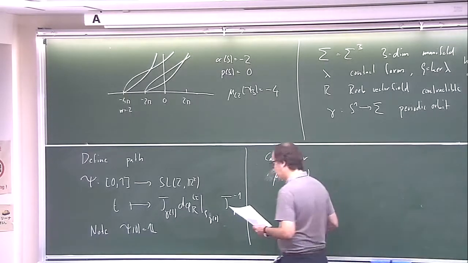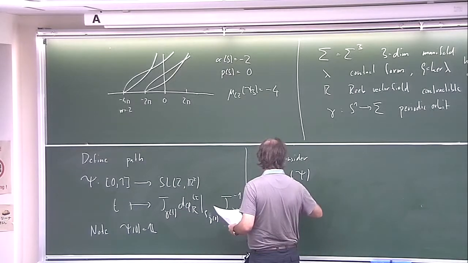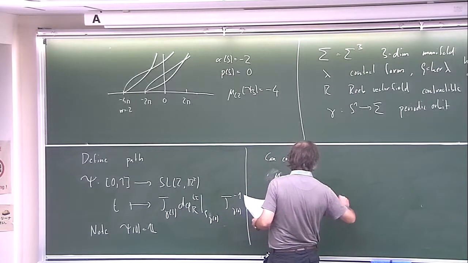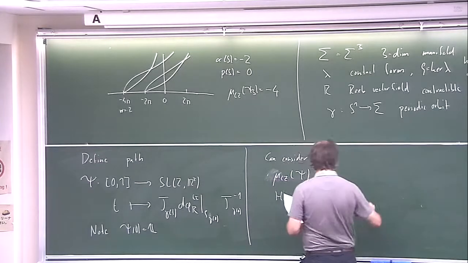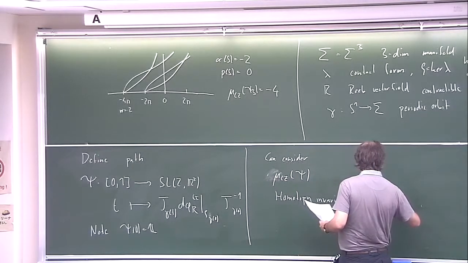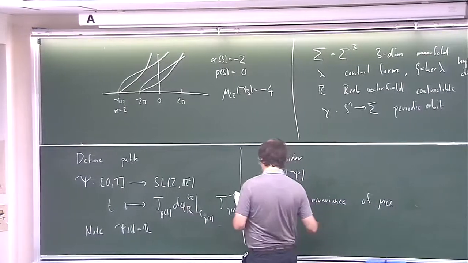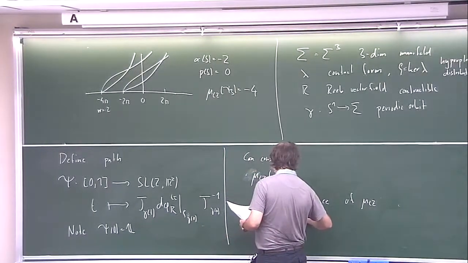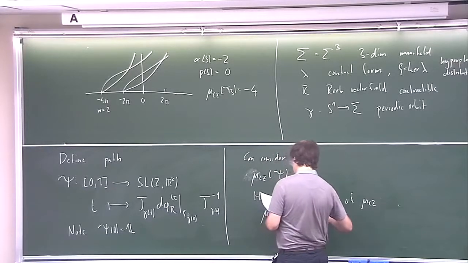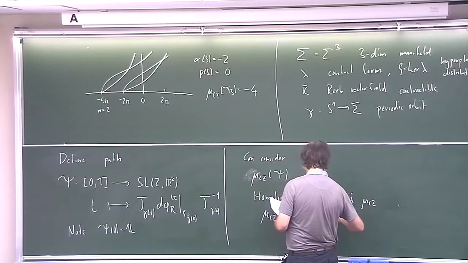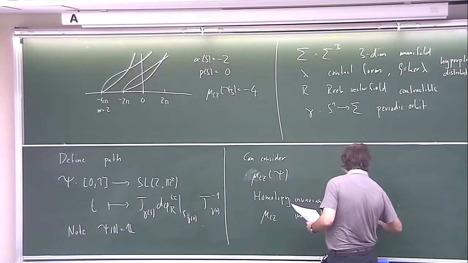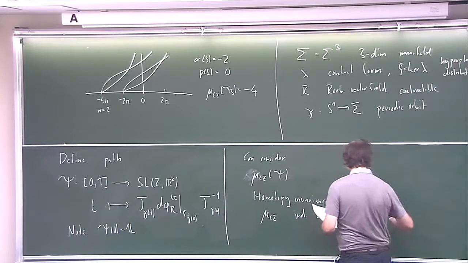So by homotopy invariance of the Conley-Zehnder index, this index is independent of the trivialization tau.